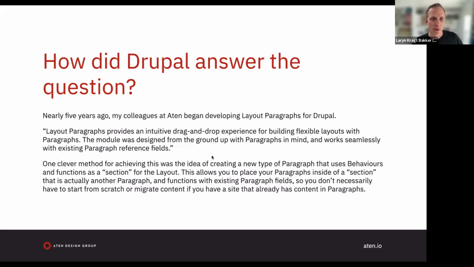One clever method they built for achieving this was creating a new type of paragraph for a section of the layout. So you can create a section paragraph and define what that means and where you can place other paragraphs within it. In this way, you build the layout section by section as you go, and then place your paragraphs within that.